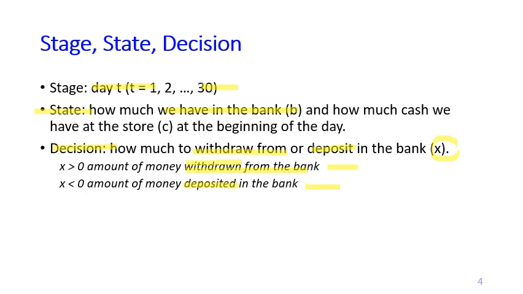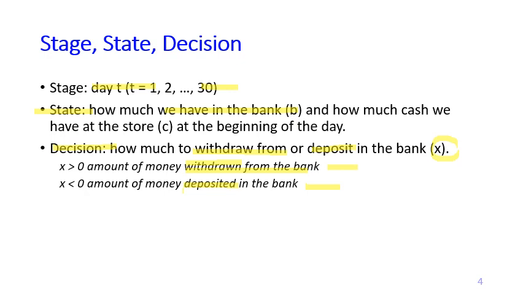Let's say you want to withdraw $10,000 from the bank, but actually in the account you don't have that much. So the state is the information that you need such that the decisions that you consider are reasonable.